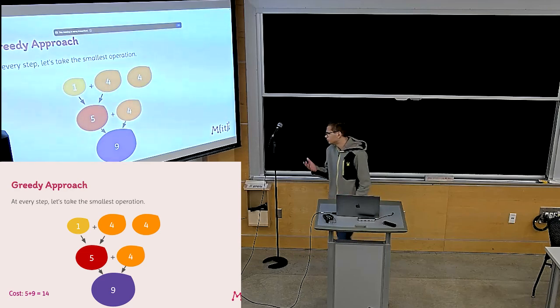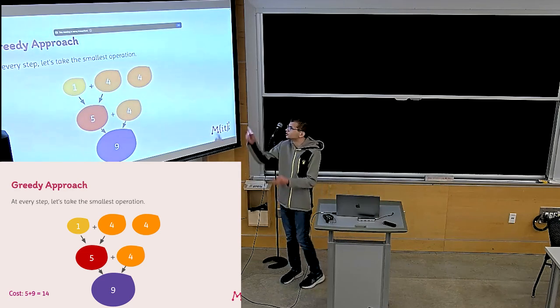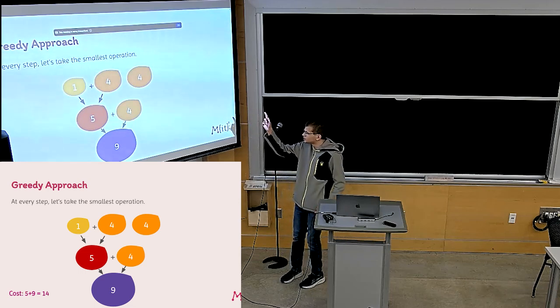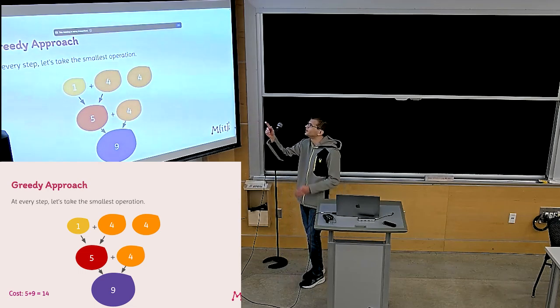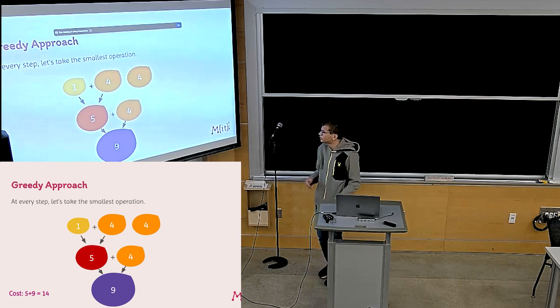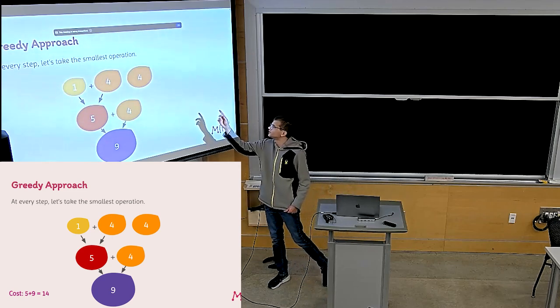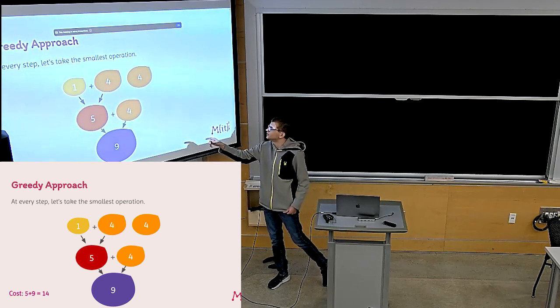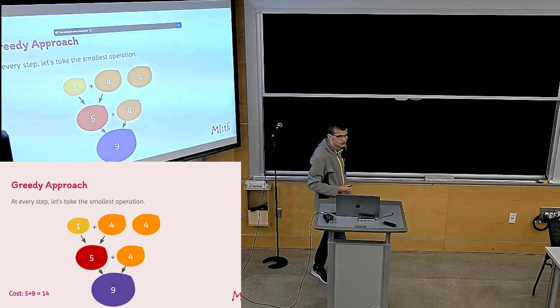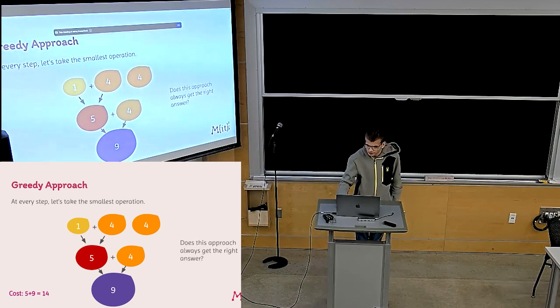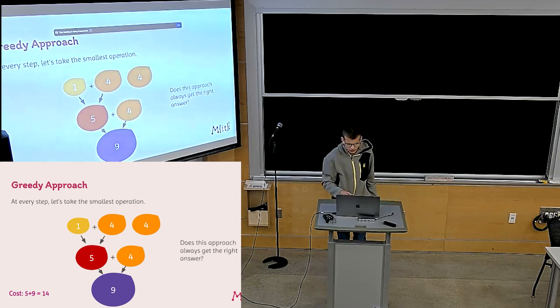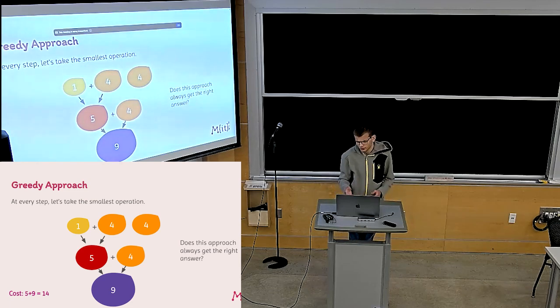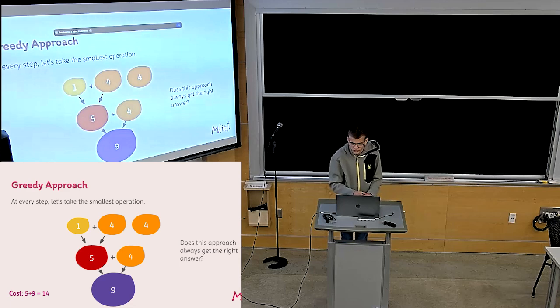Really, the only other way you could solve the problem is to merge the two size 4 slimes first, and then merge those with the 1. But then the cost of that would be 4 plus 4 is 8, and then 8 plus 9 is 17, which is worse. So this is a possible approach that you might think of if you just see this problem.